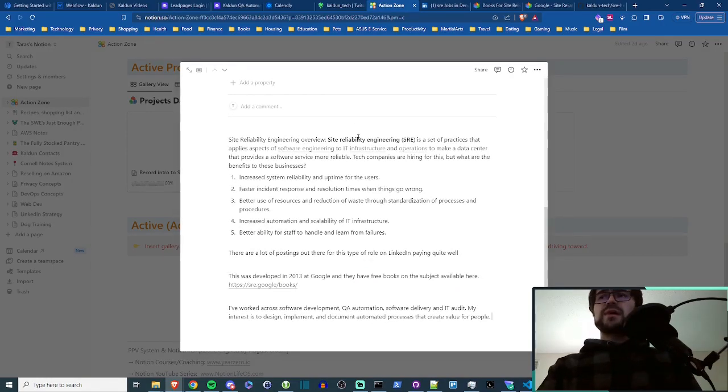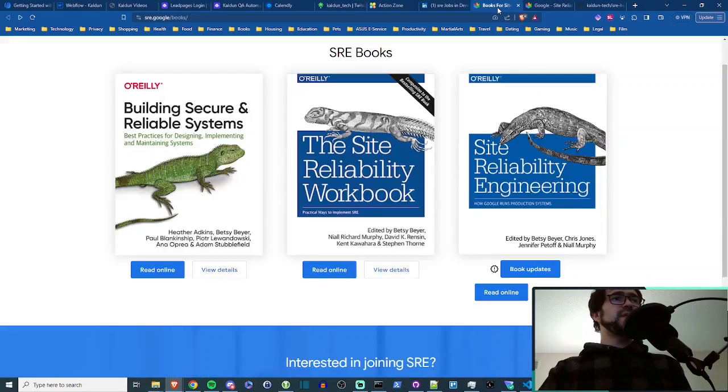Well, like I mentioned, this was developed at Google in 2013, and they have some nice books out there that are available for free, and I've been reading through those, trying to get a better understanding of SRE and whether it's something that I am potentially interested in doing.